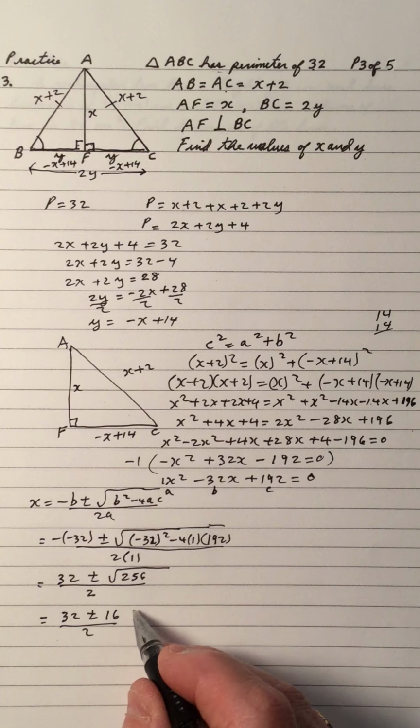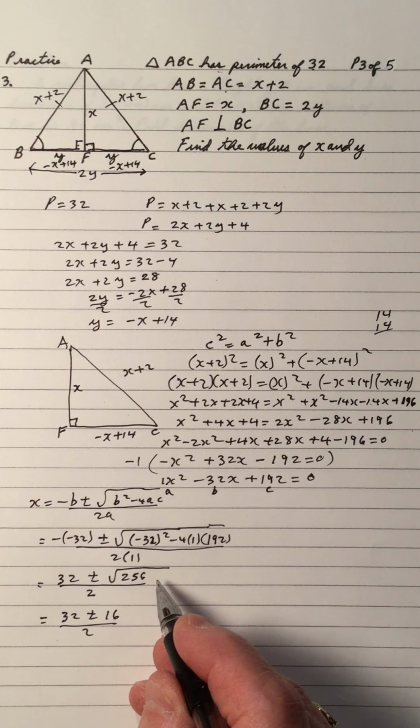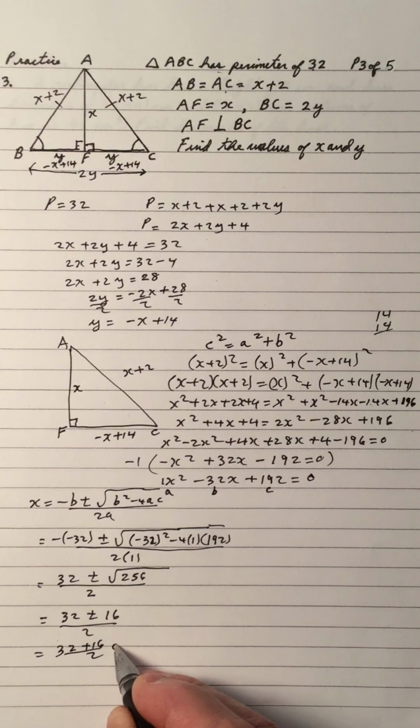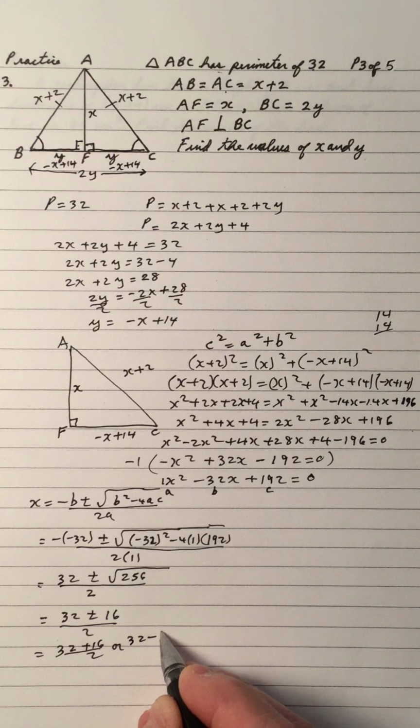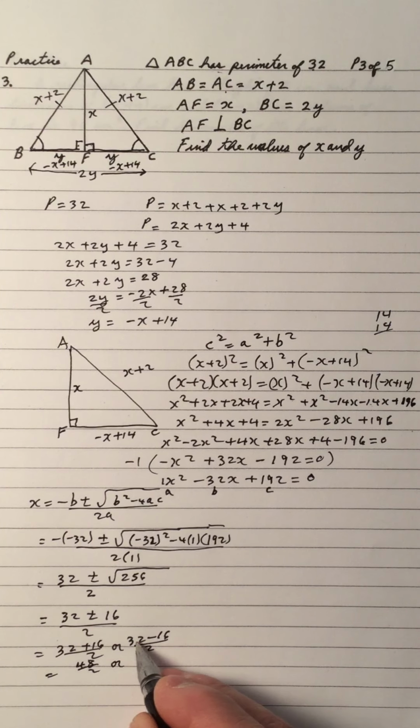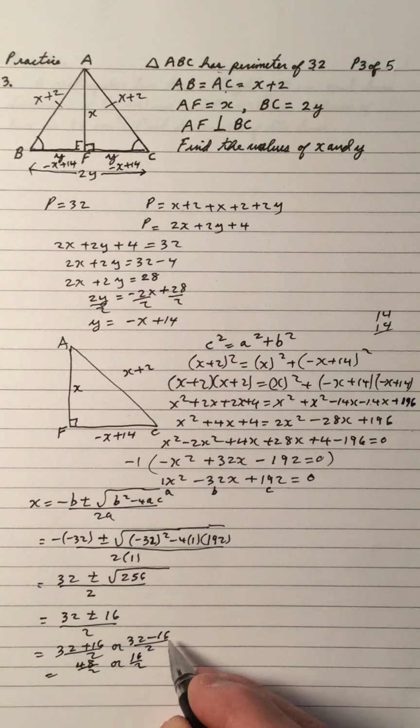We want the values of x and y, so we continue. 32 plus 16 over 2, or 32 minus 16 over 2. This gives me 48 over 2, or 16 over 2.